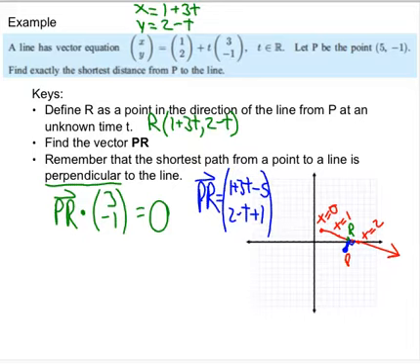That's kind of the second real key aspect of this you've got to remember how to do. You're finding the vector here from the point you know to this random point. Okay? So now we simplify that, and it's negative 4 plus 3t, and that's 3 minus t. And now we know what vector we need to dot here with 3, negative 1 to get 0.